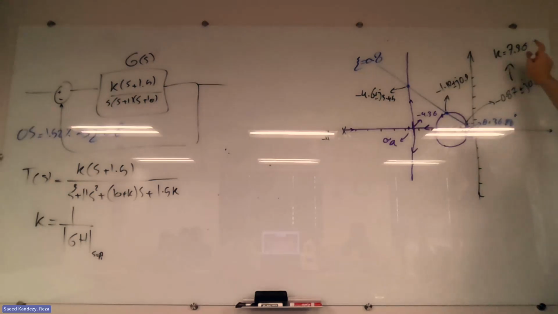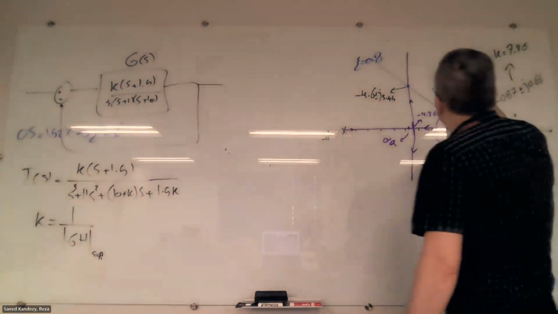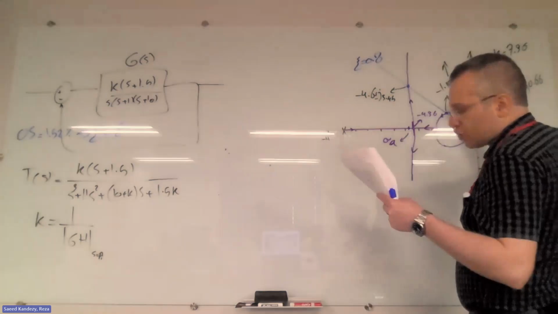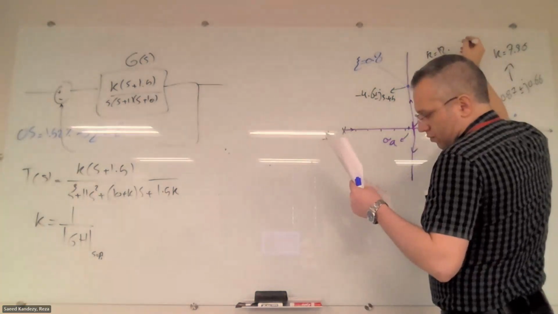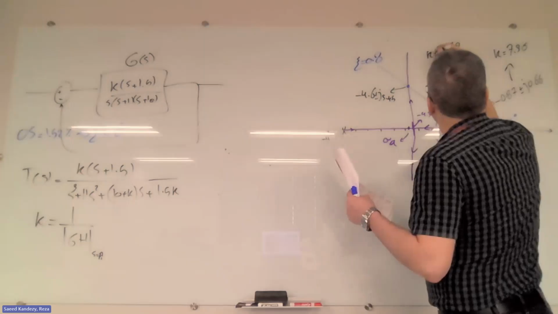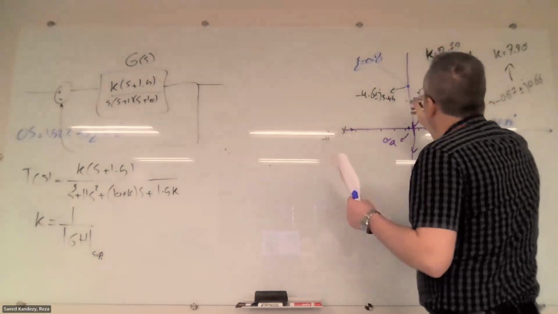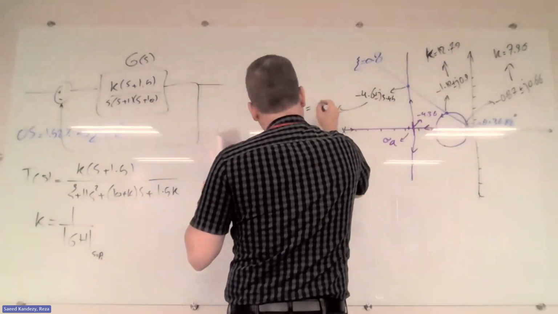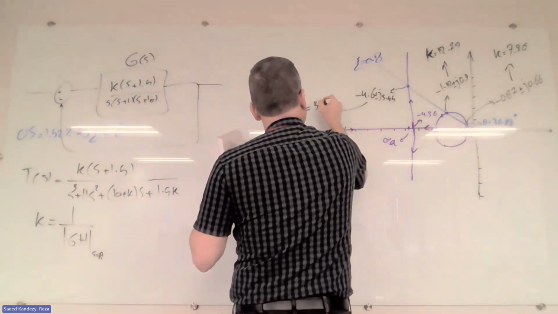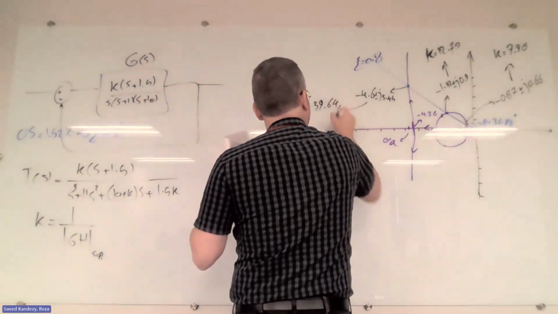Now for k equal to this value, we are going to end up on our trajectory at this pole. For this pole, k should be 12.79. And for this one, k should be 39.64.